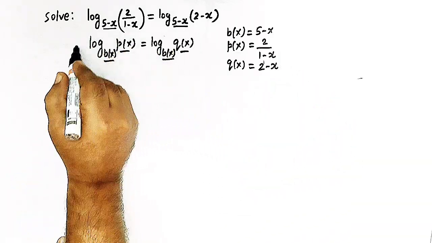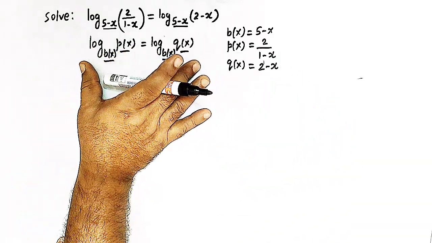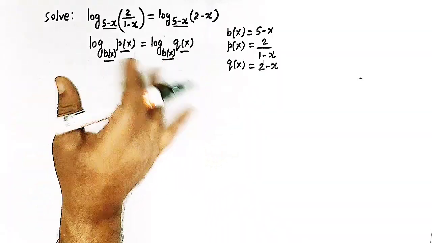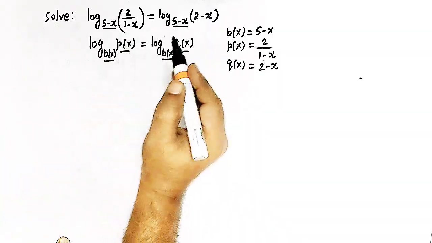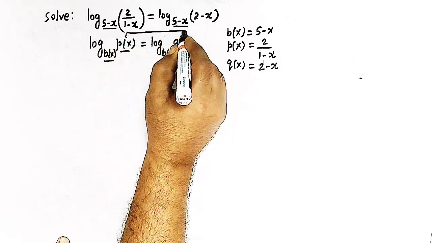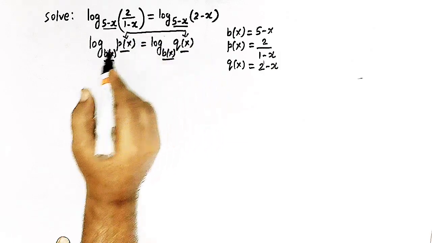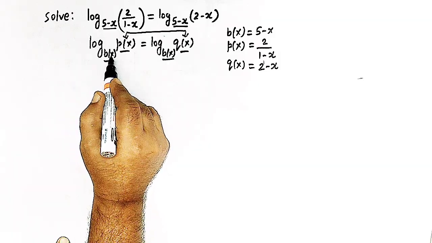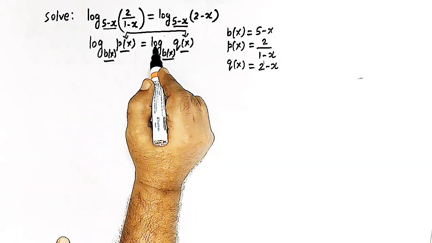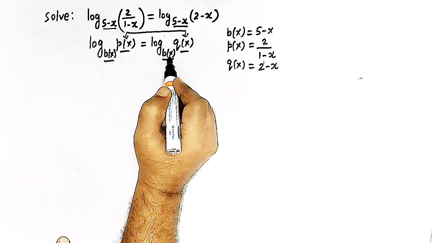So in order to solve this type of logarithmic equation, what we have to do, we first take p of x is equal to q of x, right? Because here the base of this log is b of x, and here the base of this log is b of x.